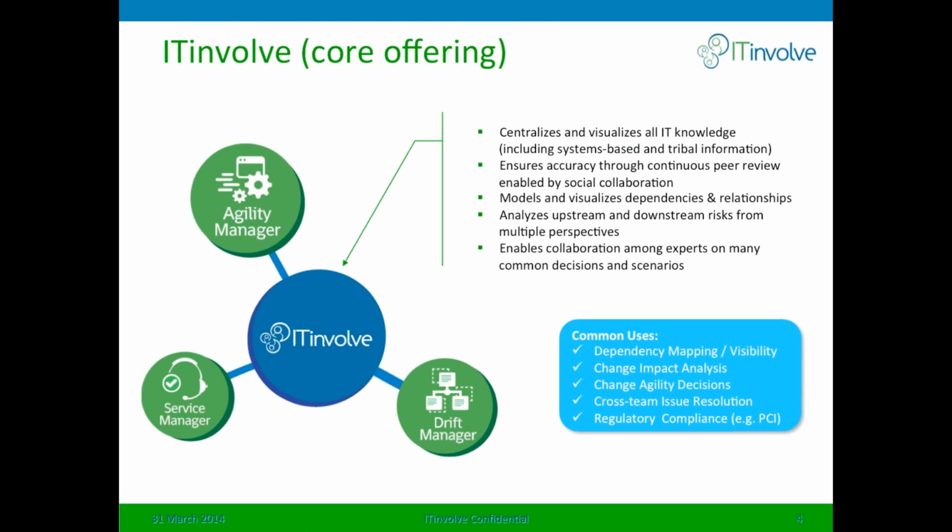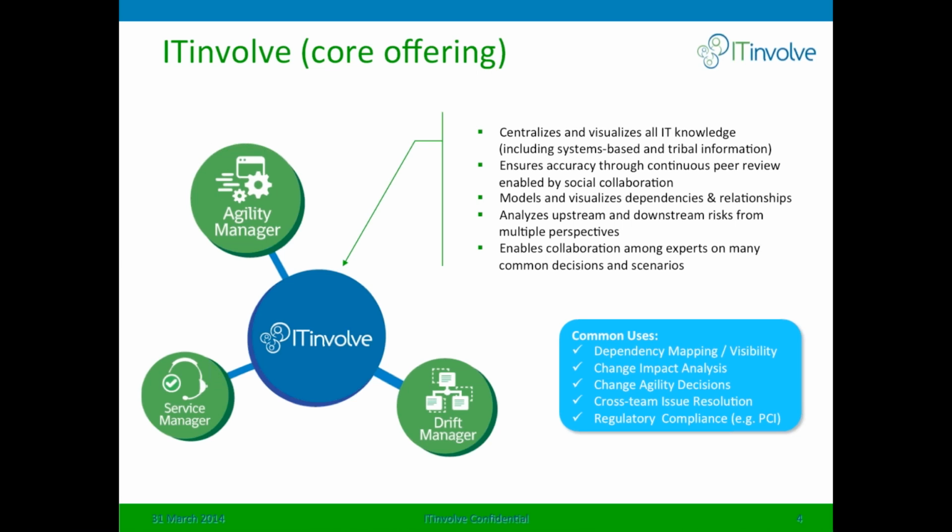Our core offering solves this challenge by helping you centralize and visualize all of your IT knowledge, including both your systems-based knowledge and your tribal information. We ensure this information is validated and accurate through a continuous peer review process that's enabled by social collaboration. We help you visualize and model your dependencies and relationships, not just configuration data, but policies, projects, requirements, and many other types of important IT information.